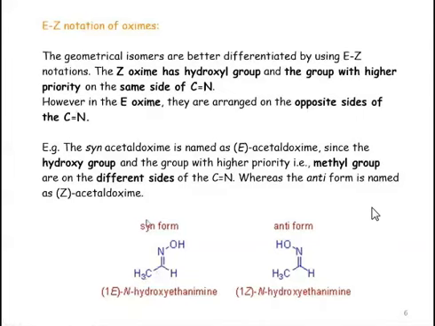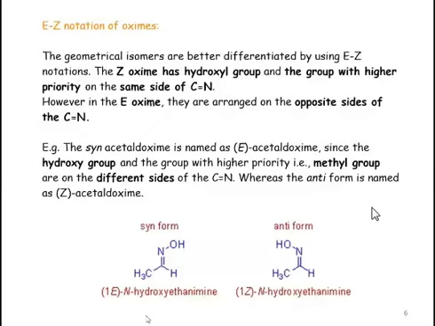Okay, now if we see this structure, here it is an aldoxime, so we have to compare the relative position of the hydrogen atom attached to the doubly bonded carbon and the OH functional group attached to the nitrogen. If we see their orientation, we can observe hydrogen and OH group. They lie on the same side. Hence, it is a syn isomer or syn configuration.